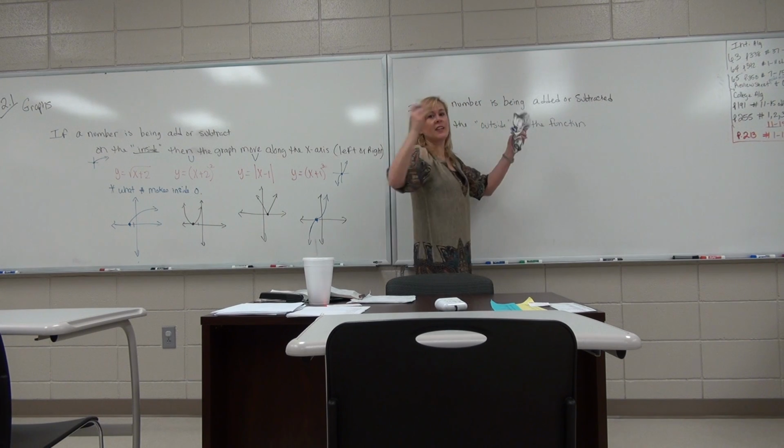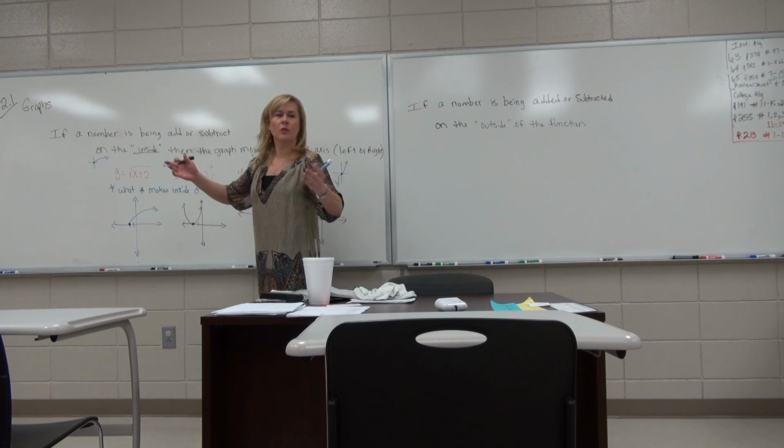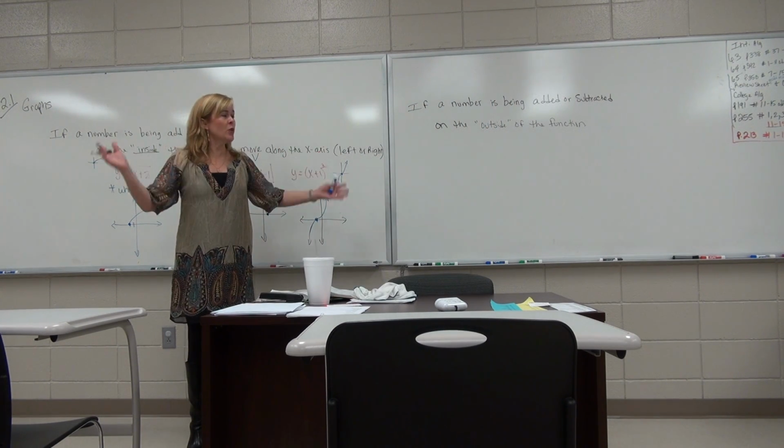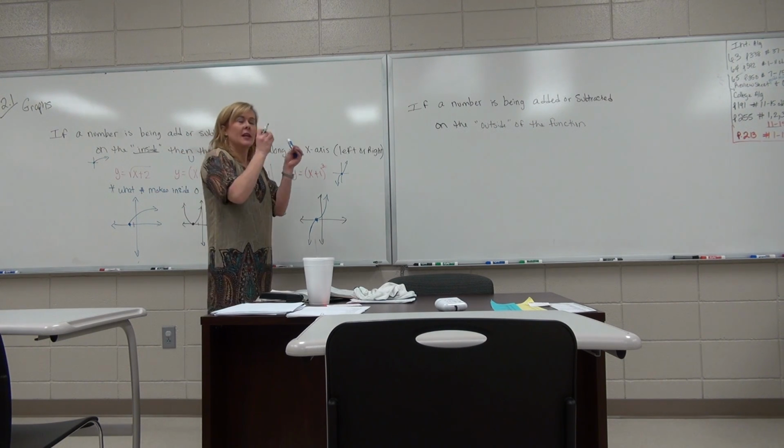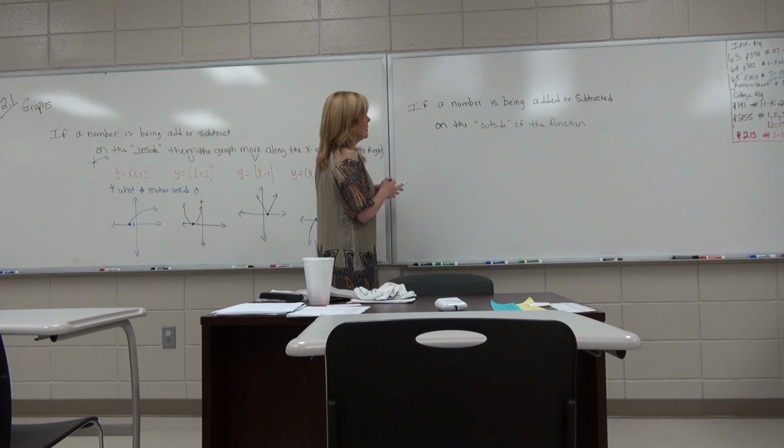So that means we're taking the square root of it, or we're squaring it, or we're cubing it, whatever, and then we're adding a number to it after the basic part's already been done.